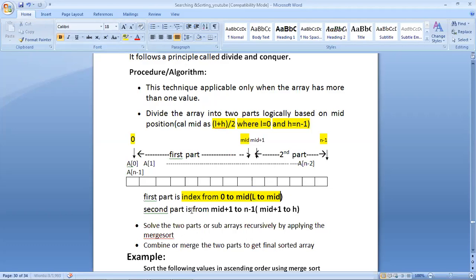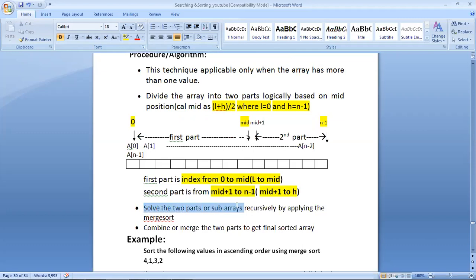The second part of the array is from index mid plus 1 to n minus 1, or in other words, mid plus 1 to H. So that is how we split or divide the array into two parts. First part indexes are from 0 to mid. Second part indexes are from mid plus 1 to H, or n minus 1.